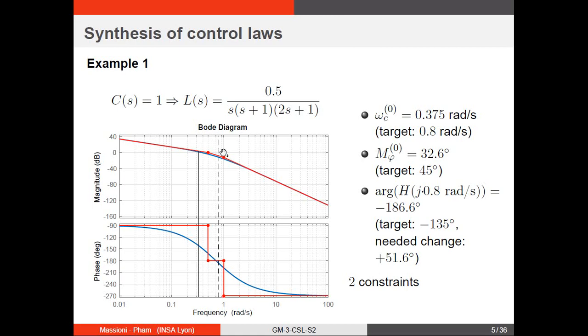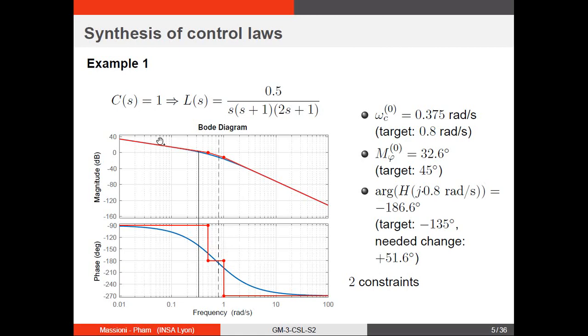And at the same time, we wish to change the phase at this value, because we want to have 45 degrees of phase margin. But if you look at the phase right now at 0.8, which is the desired crossover frequency again, you see that we have minus 186, which means that if we only fix the gain here, we would be unstable, right?